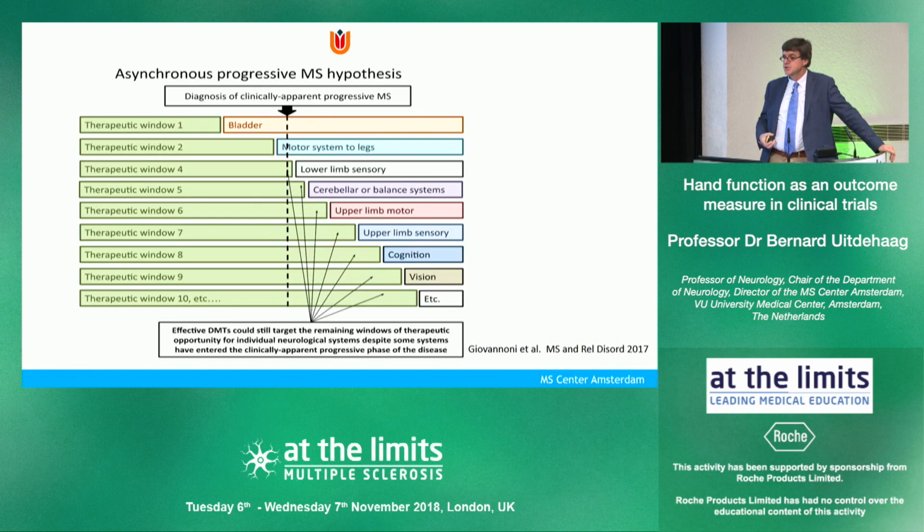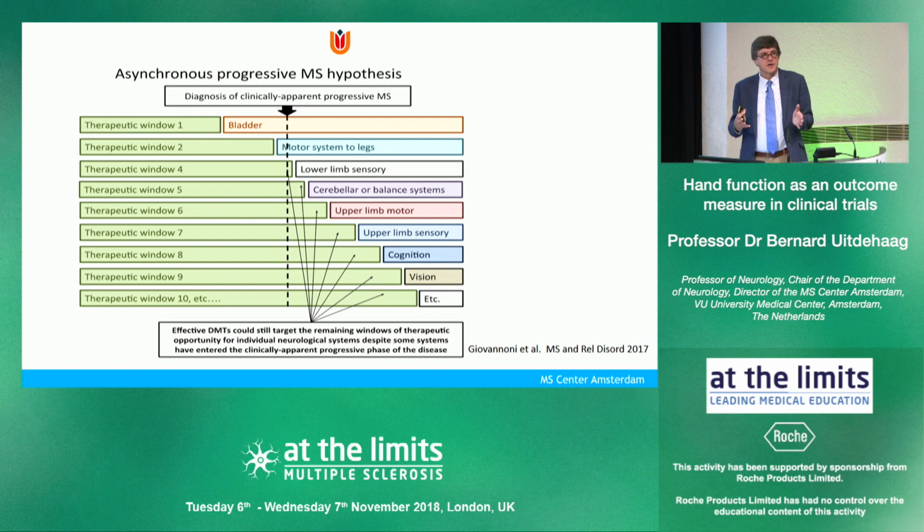And that would lead to differences in the window of opportunity for treating different systems. So there is not specifically a window of opportunity for treating MS as a whole, but comparing the different systems may lead to different windows of opportunity.